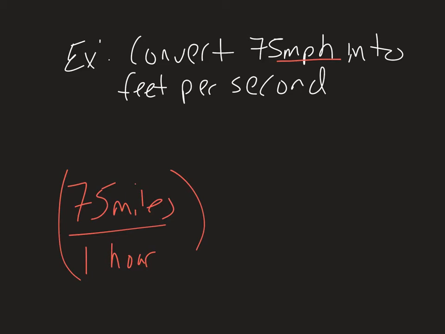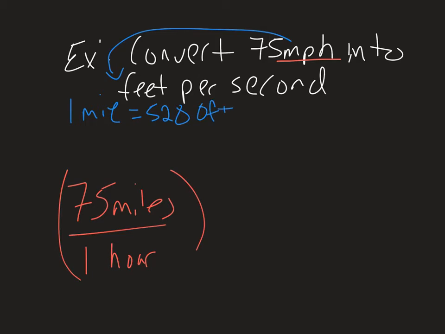Then we'll have some other useful pieces of information that are kind of useful to know. If we're looking at miles to feet, for example, well, I know that 1 mile is equal to 5,280 feet.